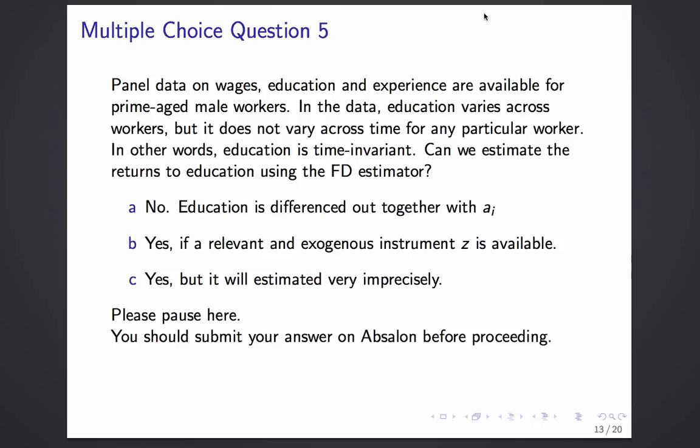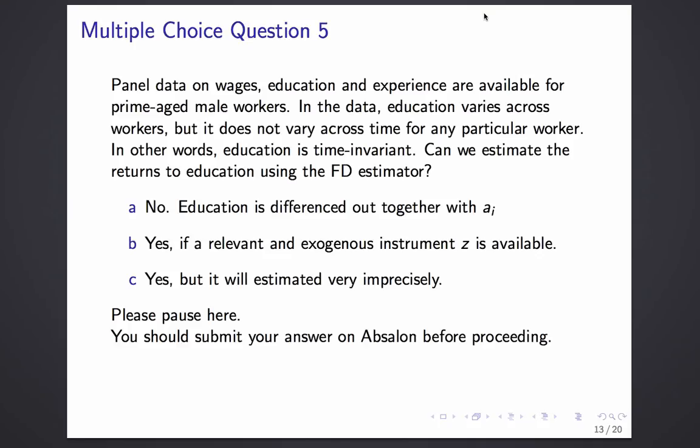Let me ask you a couple of questions regarding this example. So imagine you have panel data on wages, education, and experience for what we may call prime age male workers. In the data, education varies across workers, but it does not vary across time for any one worker. In other words, education is time invariant. The question is, can we estimate the returns to education using the first difference estimator?